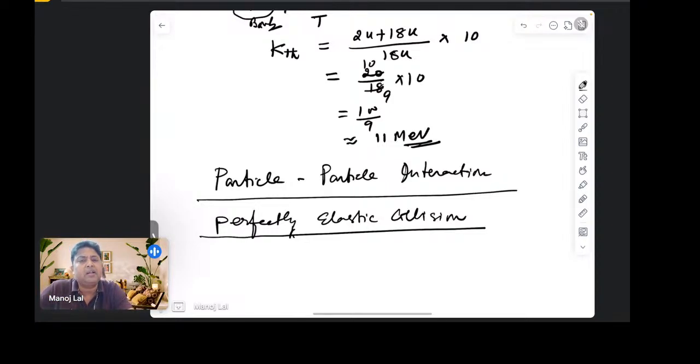Since it is a particle, I can say the direction of velocity of approach is something, and after collision, it goes in different directions.